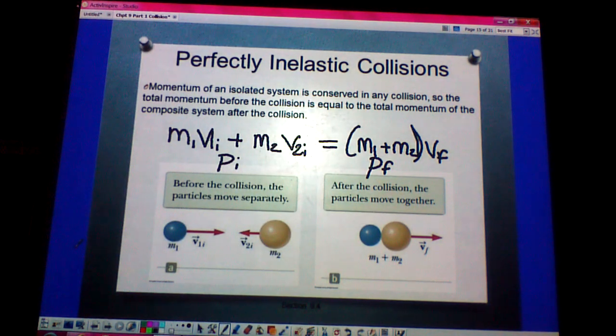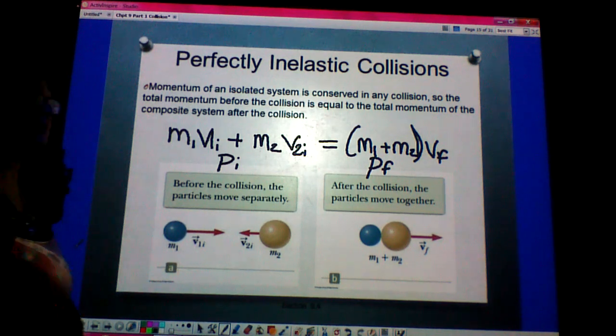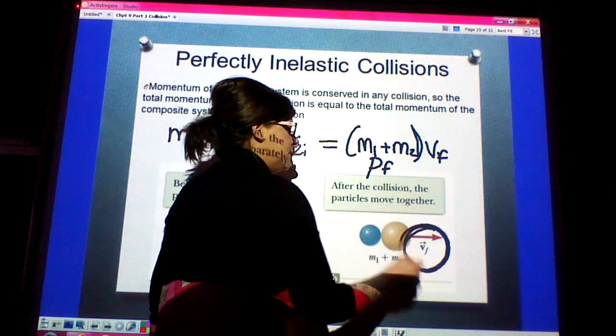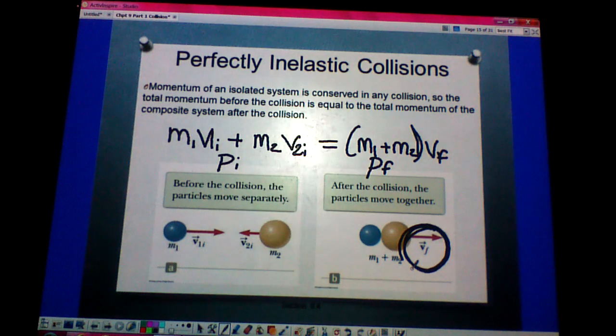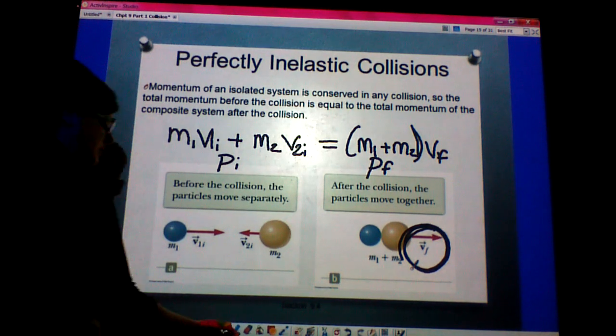A lot of times in these problems, we want to calculate the final velocity of the particles as they're moving together after the collision.